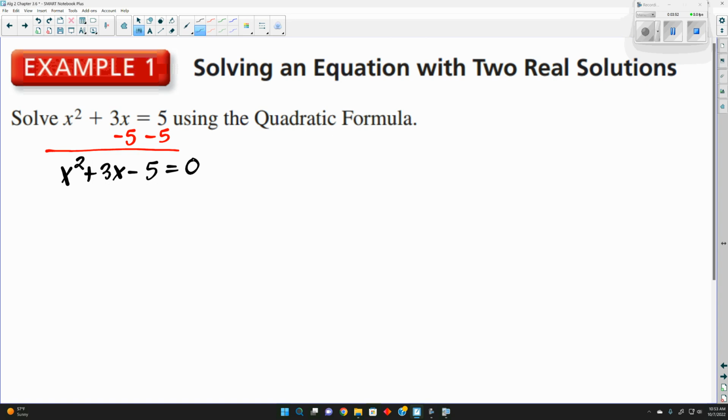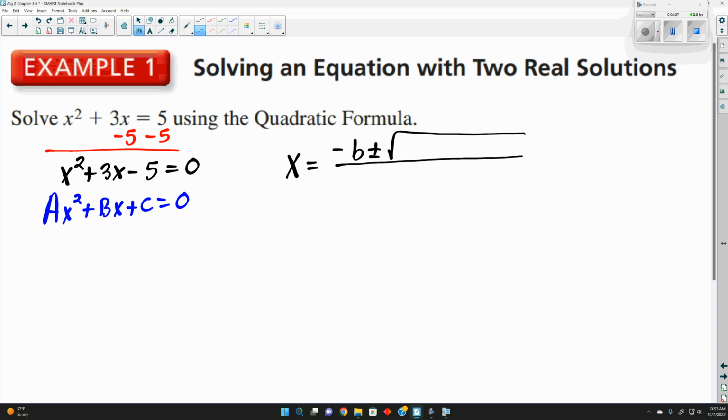Now again, this is matching up to the general form of a quadratic equation, ax squared plus bx plus c is equal to 0. The quadratic formula again is negative b plus or minus the square root of b squared minus 4ac all over 2a. We're going to plug in the values of a, b, and c and simplify.